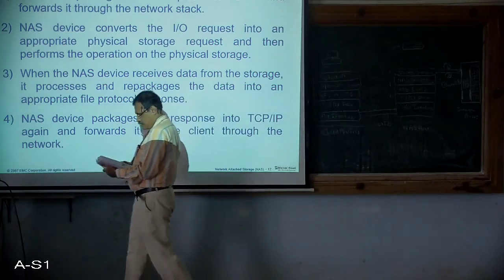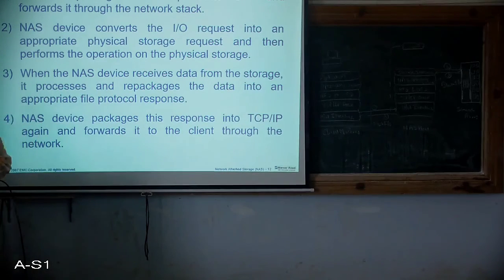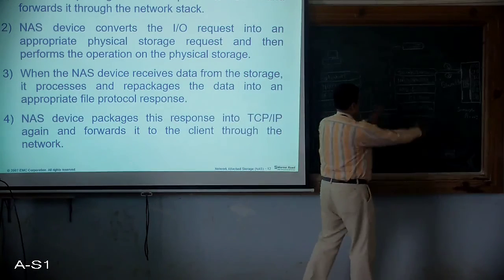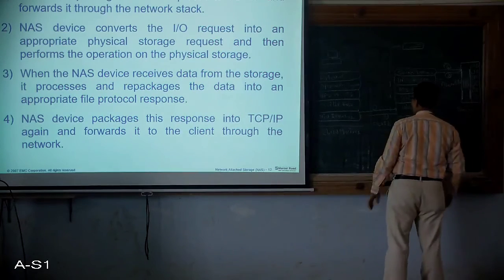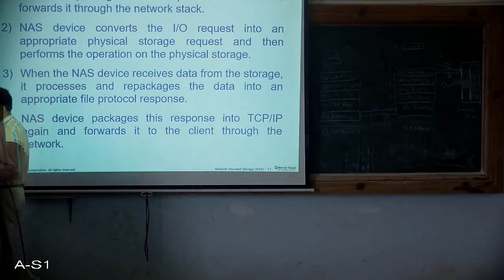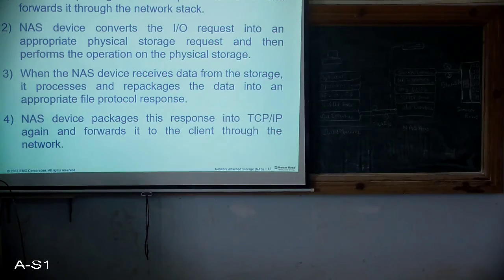So this particular figure clearly shows the NAS IO operation. We have a client, an NAS head and the storage array, showing how the input output operation takes place, how the data is fetched from the storage arrays. NAS provides file level data access to its clients. File IO is a high level request that specifies the file to be accessed.